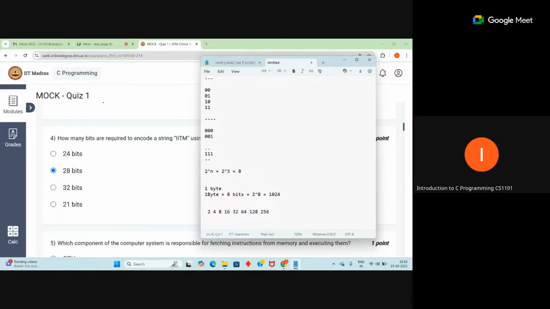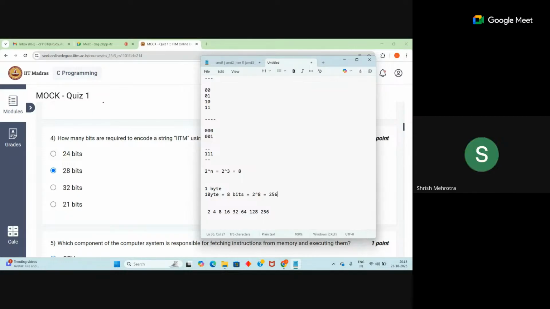If you take a memory of 1 byte, the number of different symbols you can identify is 256. Someone asks whether it should be 1024 for one byte. No, 2 power 8 is 256, and 2 power 10 is 1024.